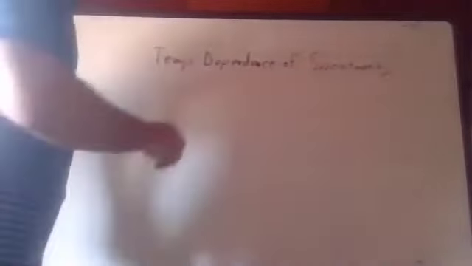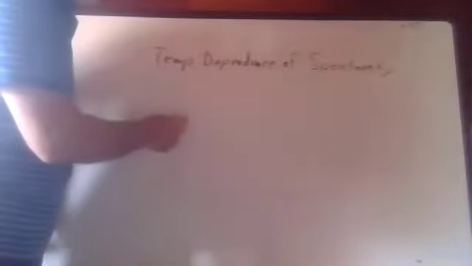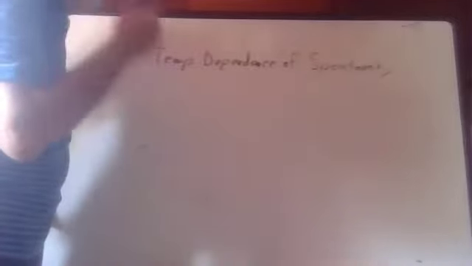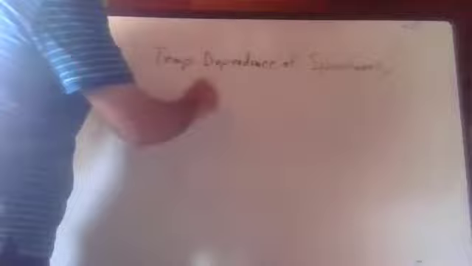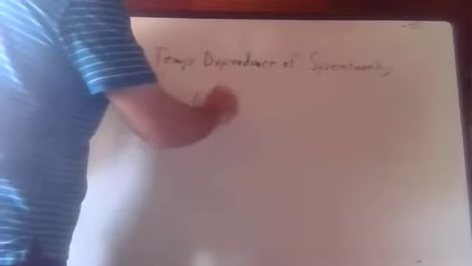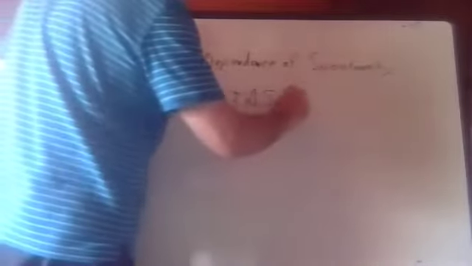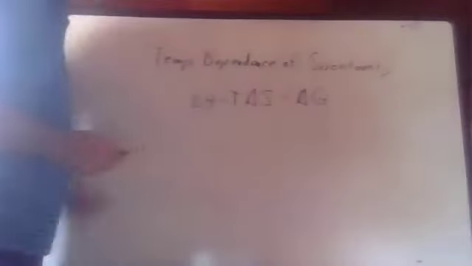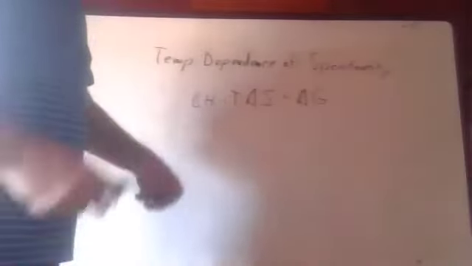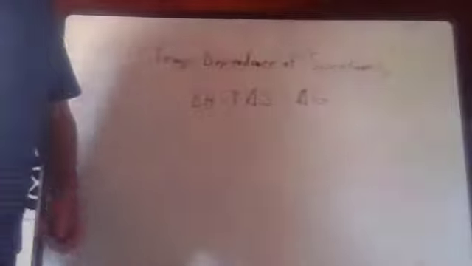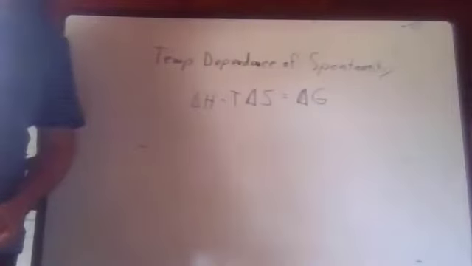I'm going to sort of reverse the Gibbs free energy equation and put the delta H and delta S first. So really, when we're saying spontaneity, we're talking about delta G, whether it's going to be able to be negative or not.